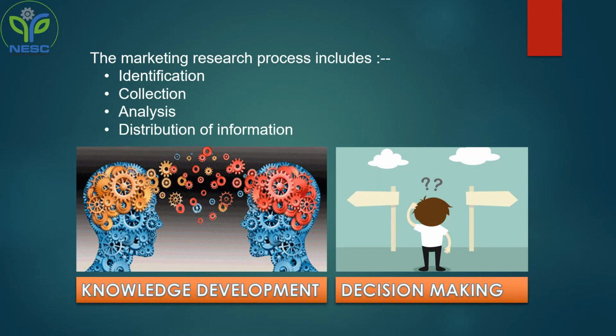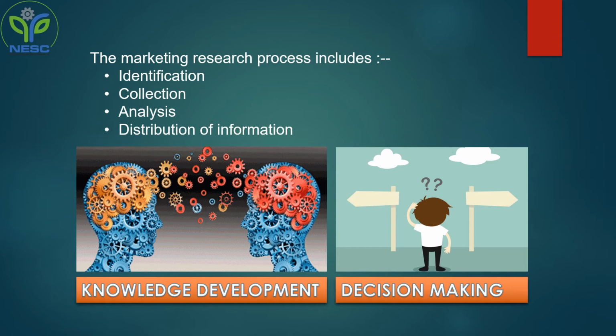The whole process of marketing research includes identification. It can be the identification of a problem or an opportunity. Next is collection, then analysis. Here again, analysis means a detailed examination, and the last one is distribution.